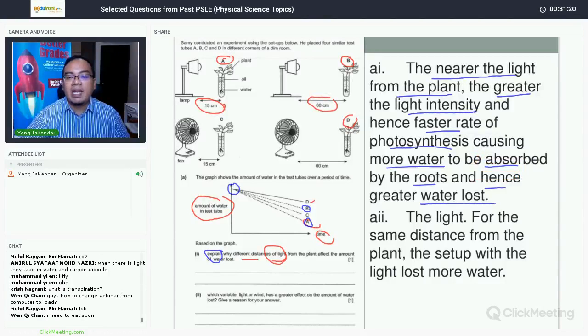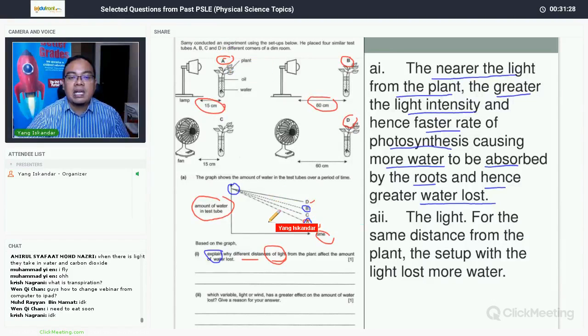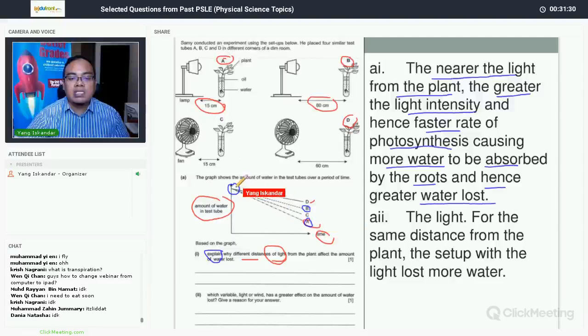Since it has more light energy, more water is absorbed by the roots and hence greater water loss. So that is why in setup A, the water loss is greater than in setup B. That is the first 1 mark question. It seems so long, but it's only one mark.